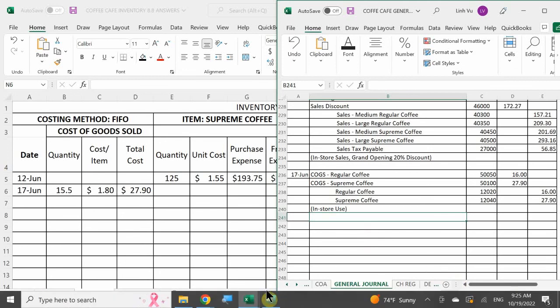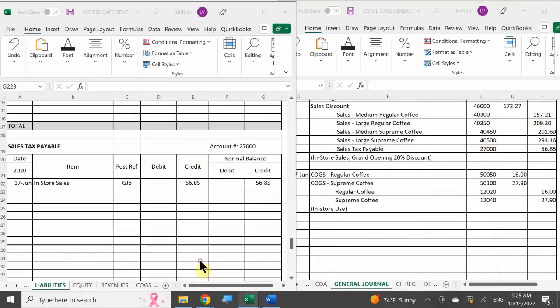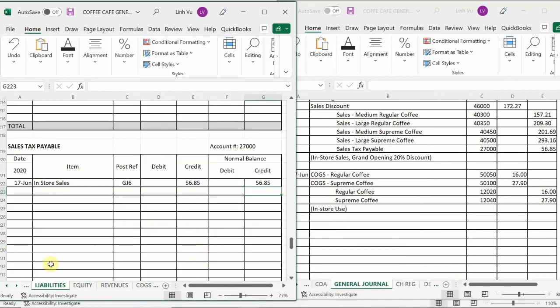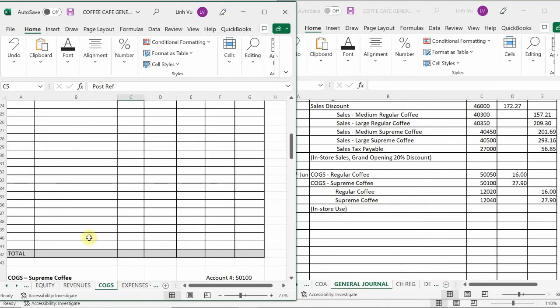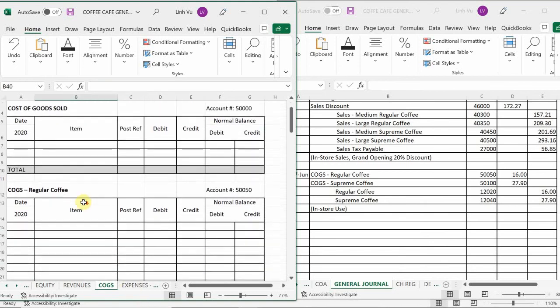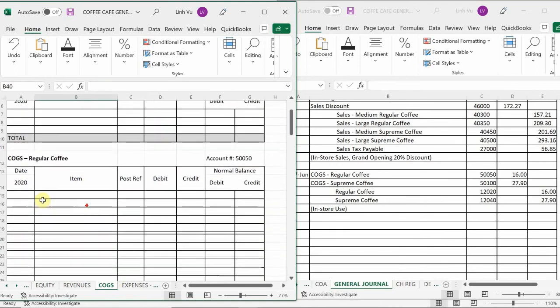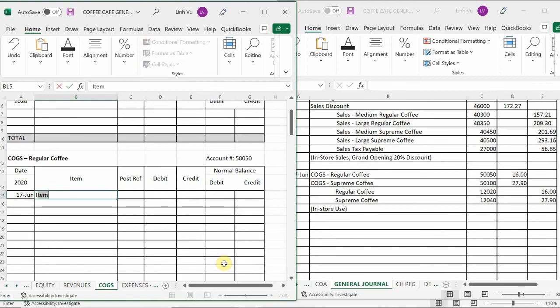So in this case, the ledger. I'm going to update all of those accounts. Cost of goods sold, right here for regular coffee. How many pounds did I use? 10 pounds.